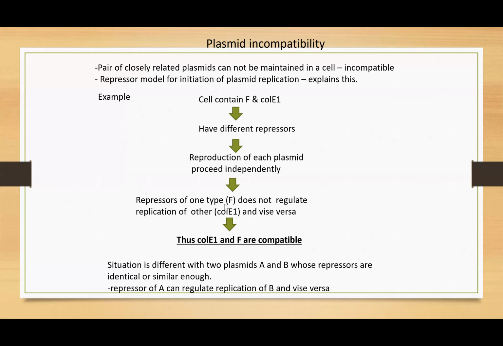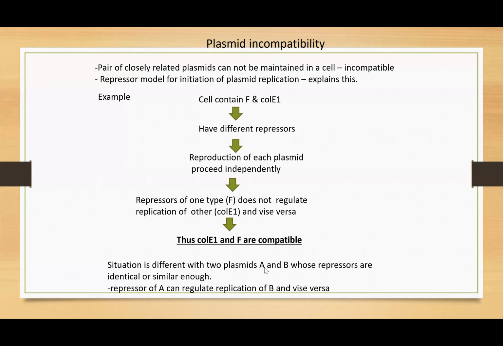But what happens when you have two plasmids which share this repressor, or whose repressor is similar or identical? Then the problem comes. Suppose you have two plasmids A and B that are sharing the repressor. Repressor of what? Repressor of replication.